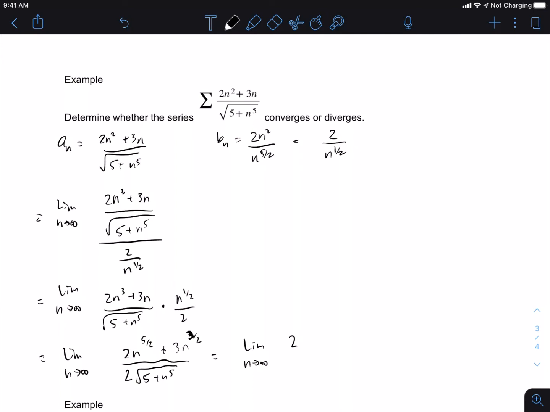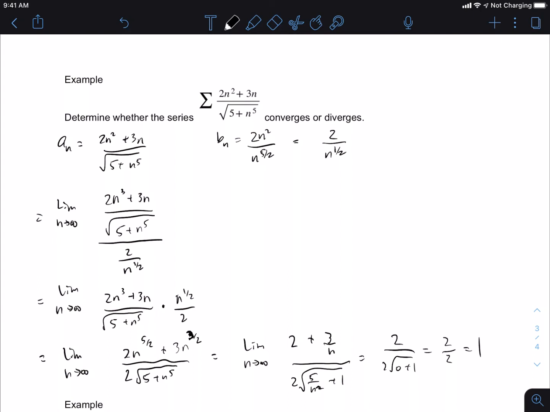So I'm going to get plus 3 over n over 2 root of 5n squared plus 1. And then this right here, when we apply the limit, we're going to see we get 2 over 2 root 0 plus 1, which is going to give me 2 over 2, which is 1.